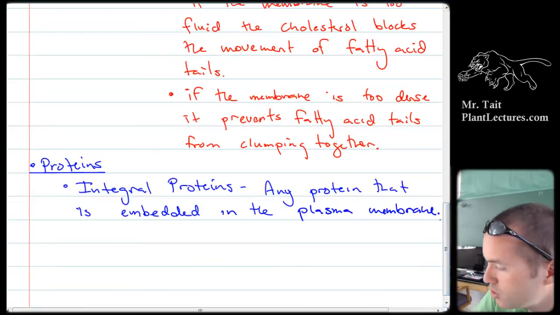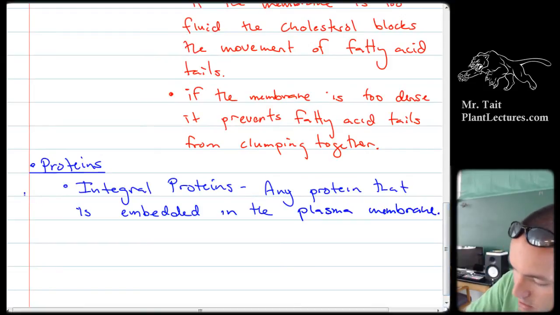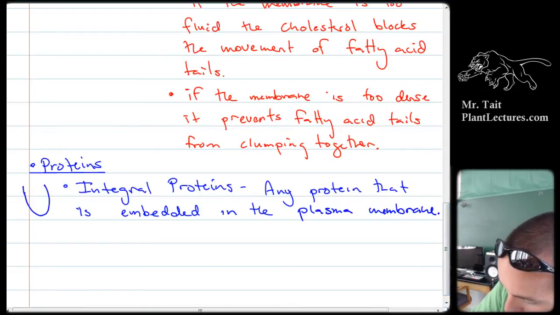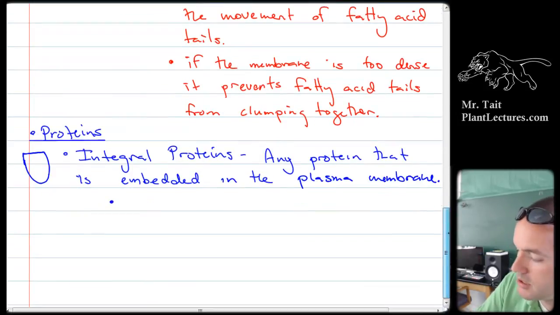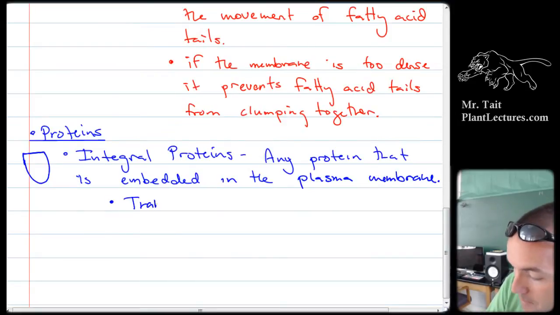Okay, so we've drawn two that were embedded. One of them was just an integral protein. So the one that looked like this, that had the flat top, that was an integral protein. And that is different than the other one that we drew that was an integral protein that has another classification towards it, and that is called a transmembrane protein.